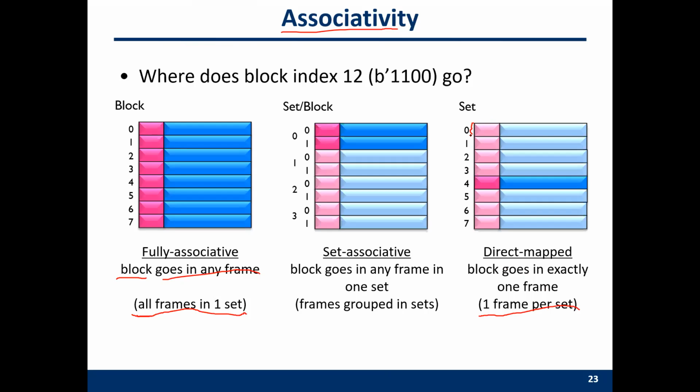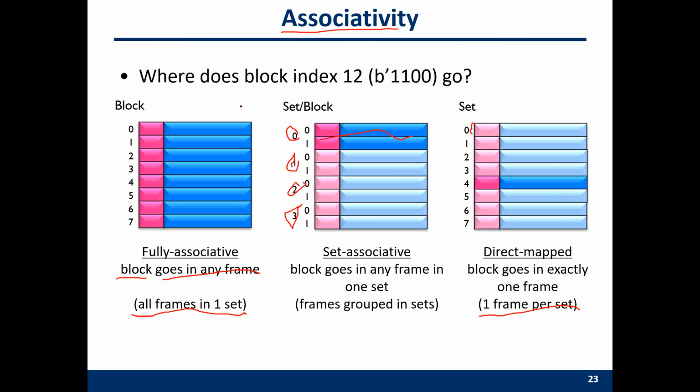We can extend this set concept. We can use 2 frames in one set, and we can have multiple sets. So this is the so-called set associativity concept. We have the set concept here. We have 4 sets, and inside one set, we have 2 frames.